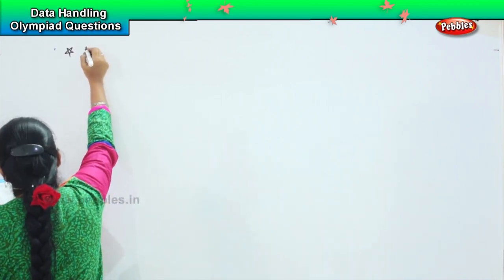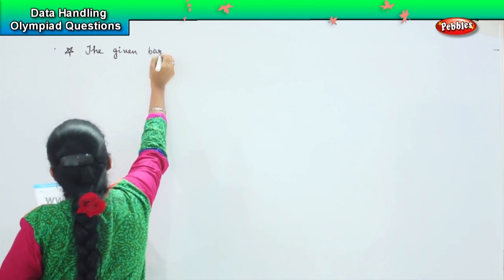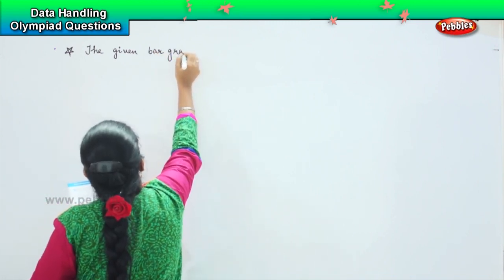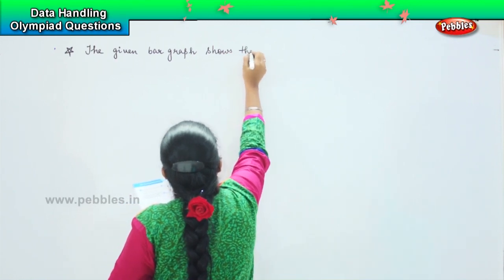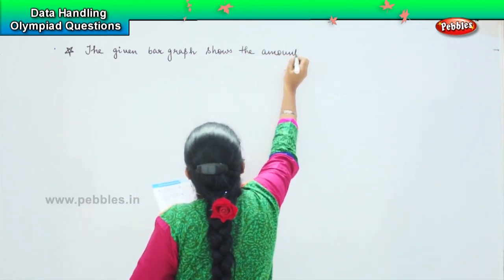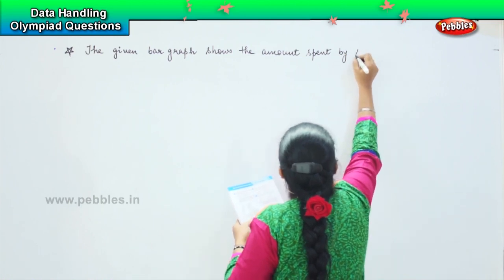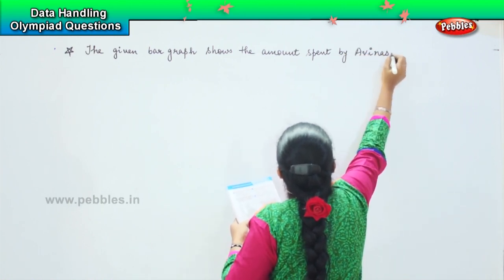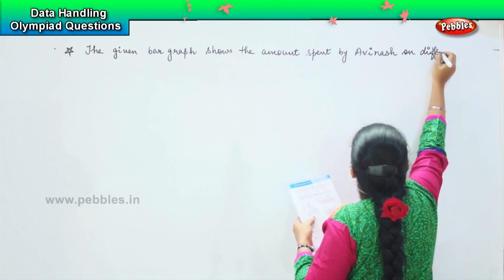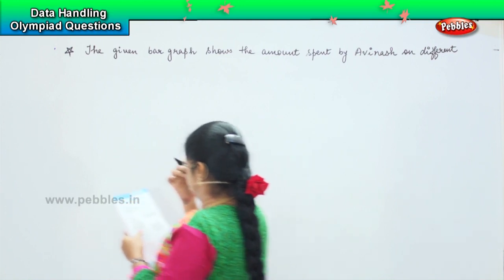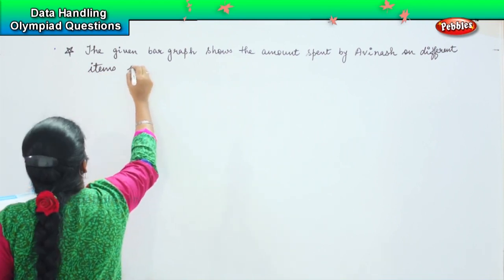The next bar graph says the given bar graph shows the amount spent by Avinash on different items on a certain day.